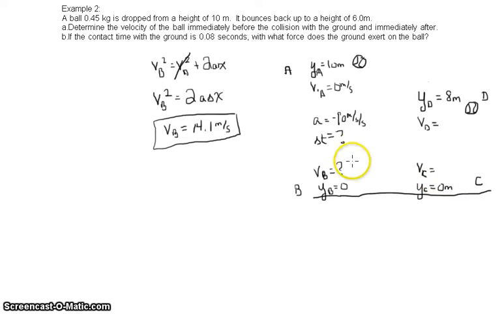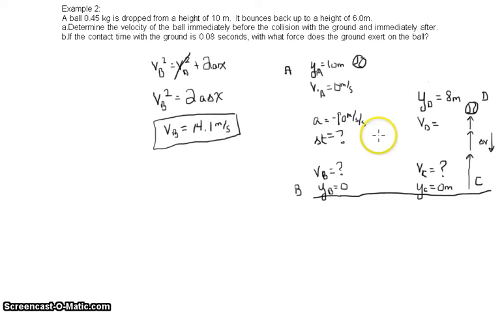Alright, so looking at this, now the ball hits the ground and starts traveling back up. We don't know the initial speed at which it leaves the ground, so we're going to call the point after the collision with the ground point C, and we don't know that speed. We do know it rises up to point D, and if we look at this in terms of a motion diagram, our change in velocity is going down.